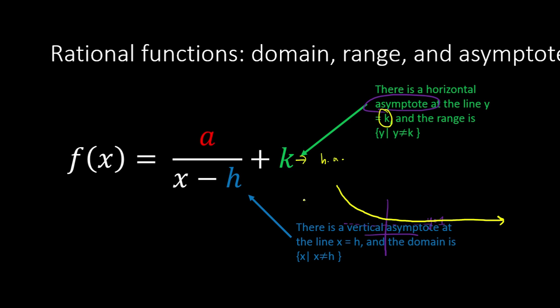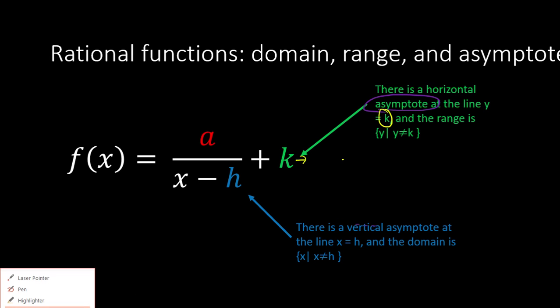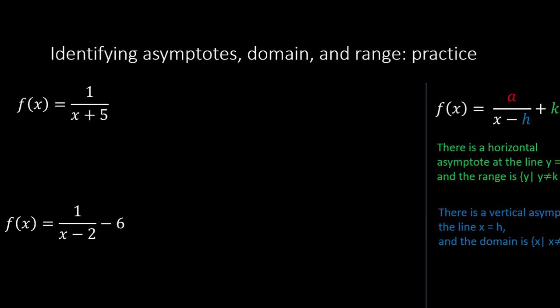Similarly, h is going to tell us where our vertical asymptotes are. Whatever h is equal to tells us that there's a vertical asymptote at the line x equals h. This time, we could still identify, if we wanted to, the transformations that are taking place, but we're going to focus on the asymptotes.